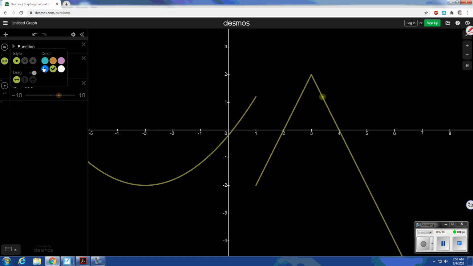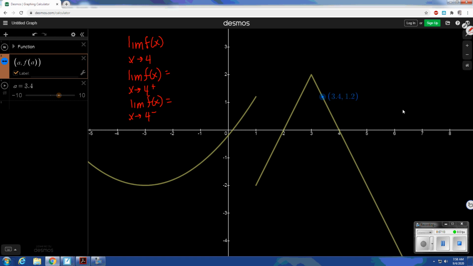So let's make it blue. Then I'm going to label it so that we can see some numbers associated with that. And because we're looking for the limit around 4, or as we approach 4, I'm going to change the interval in which a runs between. So let's just do, say, 3.5 and 4.5.